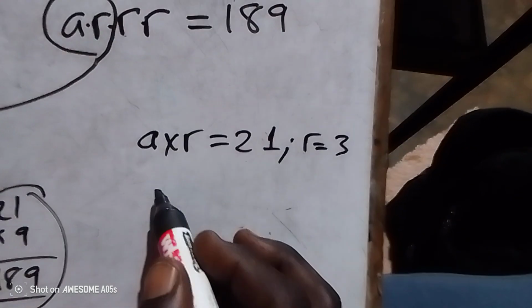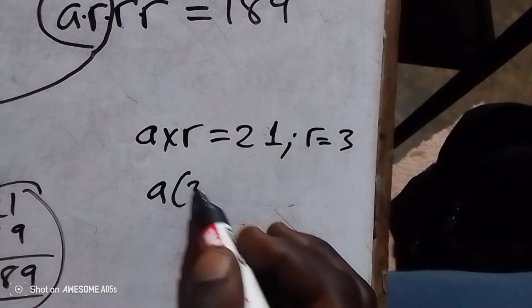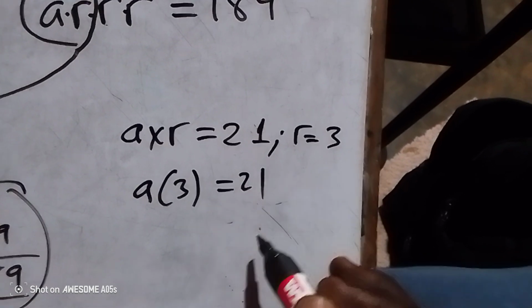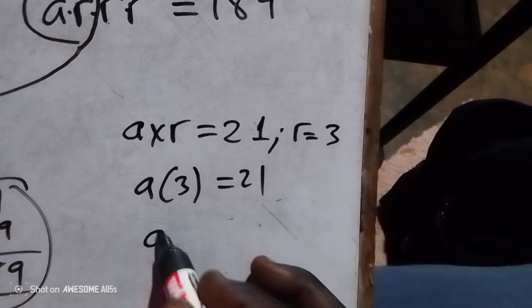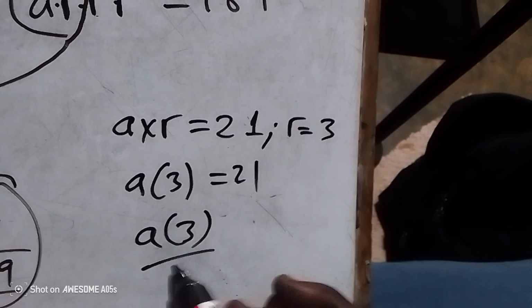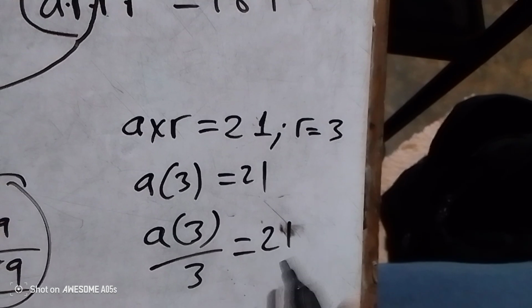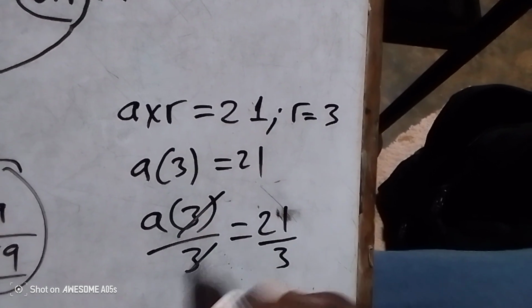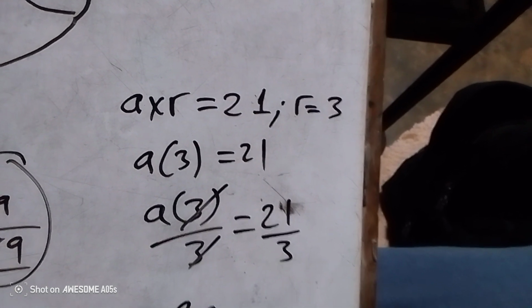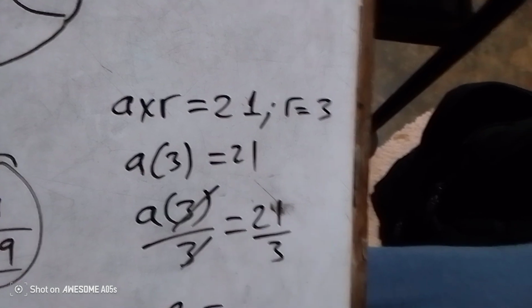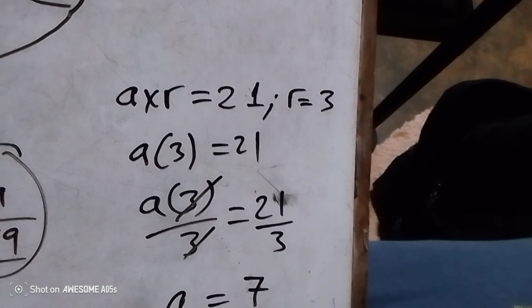So I'll come here and say a times 3 equals 21. Then I'm looking for a, so I'll divide by 3 on both sides. This side will cancel off, and on this side 3 into 21 is 7.